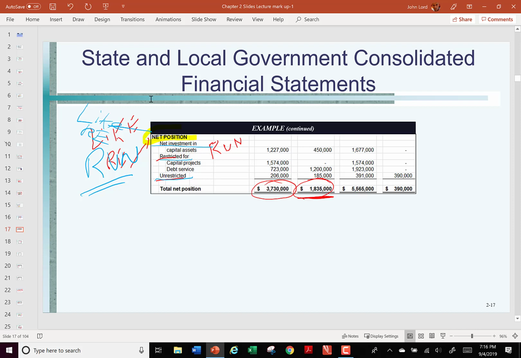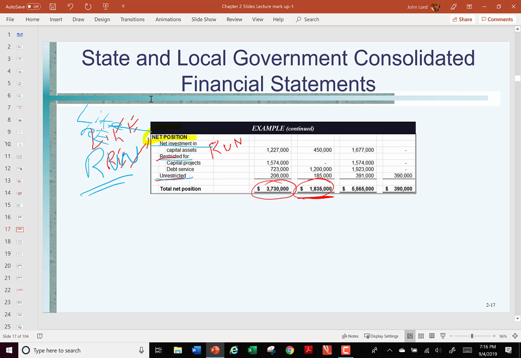And invested in capital assets net of related debt, they like to break out the difference between whatever they have invested in capital assets minus any outstanding debt on that, and they will report that out as a separate section of their net position, right? We have an asset, but if there's debt, assets minus liabilities equals net position, doesn't it?